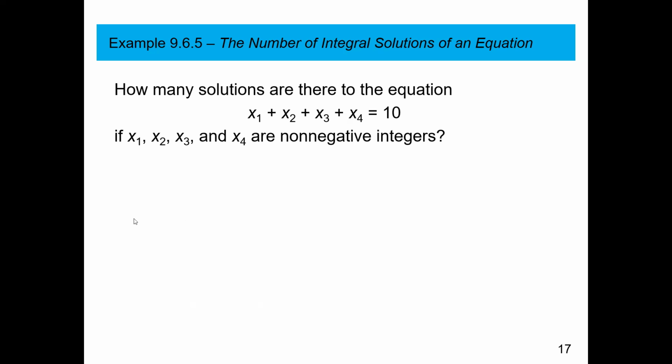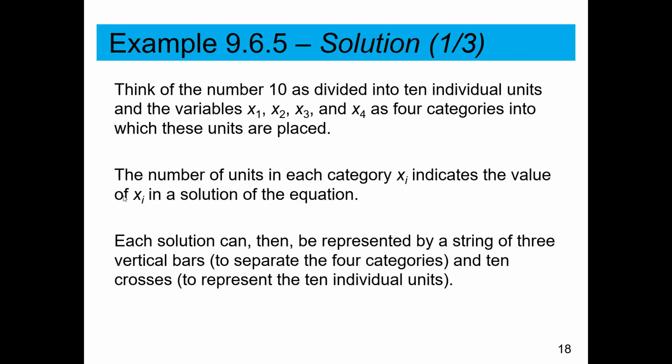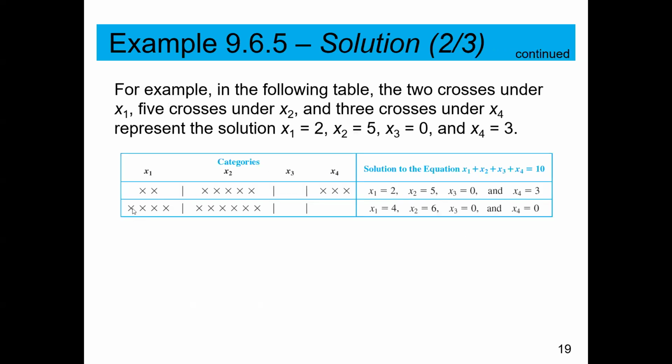Well, the truth is, this is exactly still the same idea that we've been doing, because you could essentially break it up. And I like this visual right here where you have 10 stars and 3 dividers, where x1 is however many stars are in this spot. X2 is however many stars or crosses are in this spot. X3 is here.